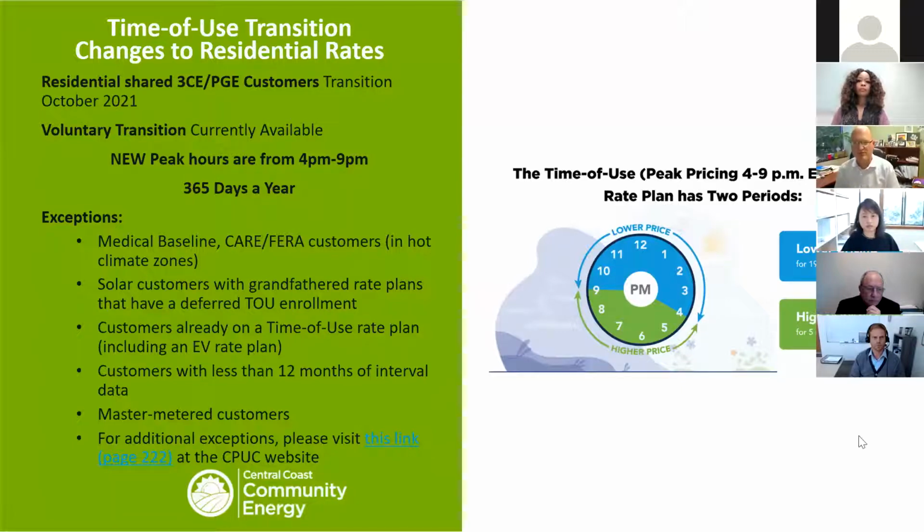So when we talk about time of use and we talk about charging different generation energy rates during different times of the day, we have to recognize that in California, we're in a market. And the market has dramatically changed over the last 10, 15, 20 years. We're seeing a huge amount of renewable energy come onto the market.